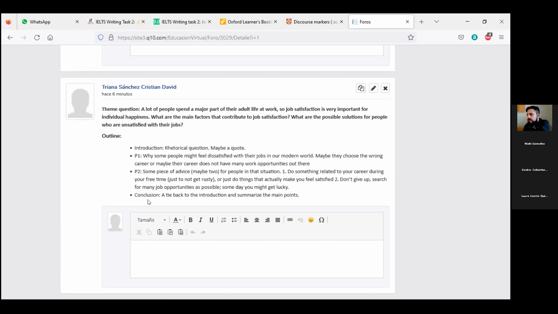So yeah, you should probably organize yours in a way in which you can see clearly what these four parts are.